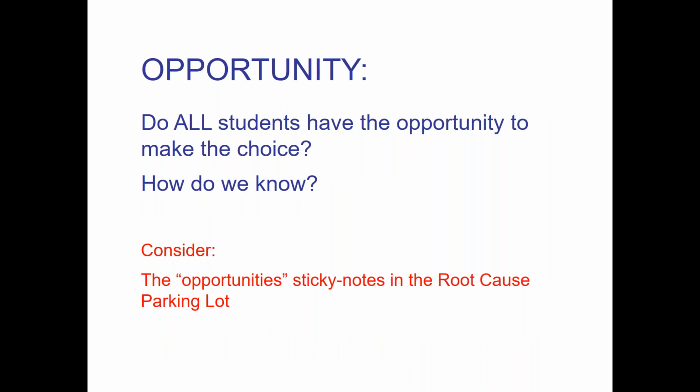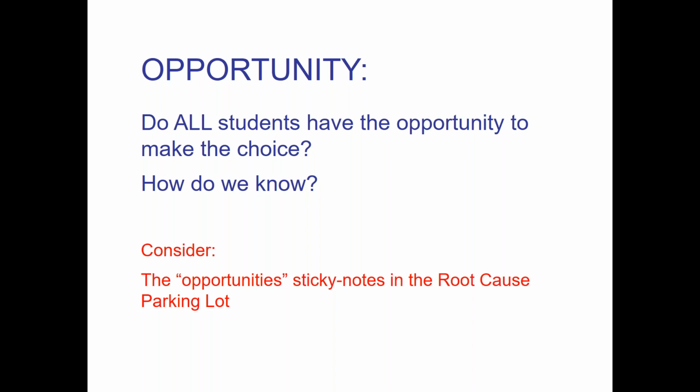Okay, and then the next slide would do the same thing, except we're prompting opportunities. What opportunities do kids need in order to make this choice? Again, if you're looking at enrolling kids in a high-level, high-ability curriculum in your elementary school or your middle school, and you don't offer enough sections of that curriculum to get all the students in it that could benefit from it, then you've got an opportunity issue.